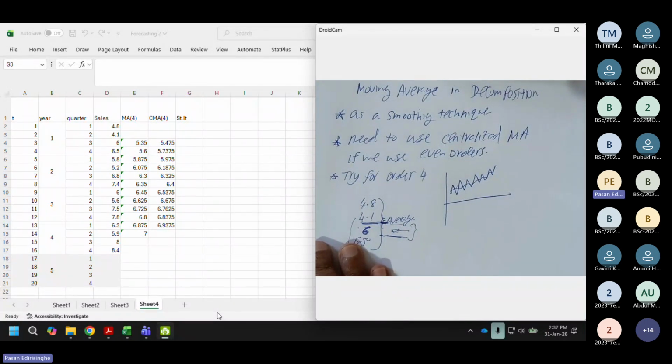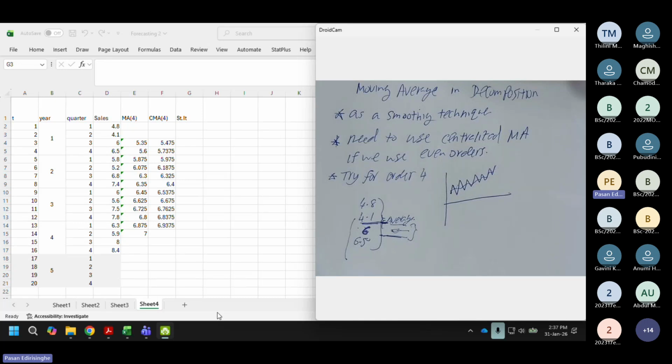That's why we can see that it is representing the trend once you smooth it. But it is including the trend and some irregular patterns as well.